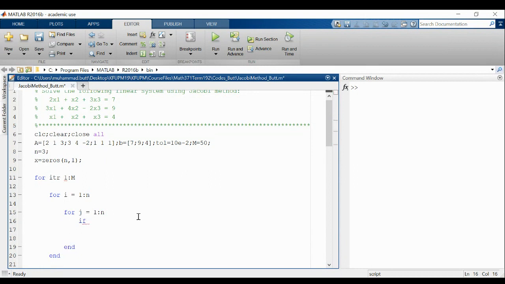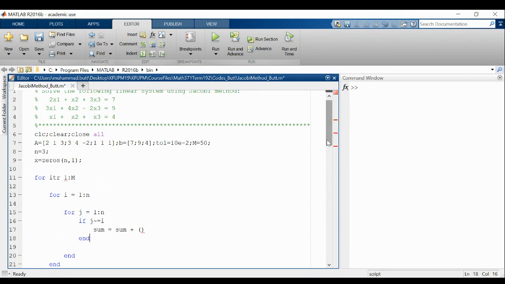So if j is not equal to i, then we will calculate the sum. You remember the sum, and what was the sum? It means that we have to define the sum somewhere. We will see, and then we have to make this if end as well.